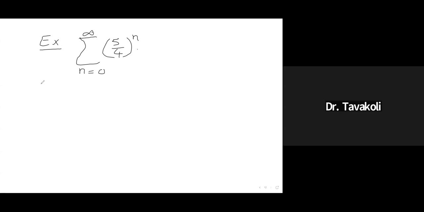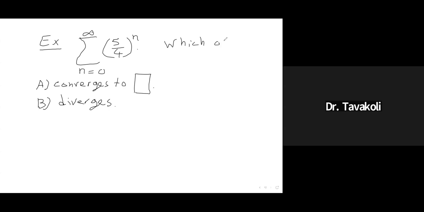So for this series, is it A that converges to a number, or is it B, diverges? So which one is correct?